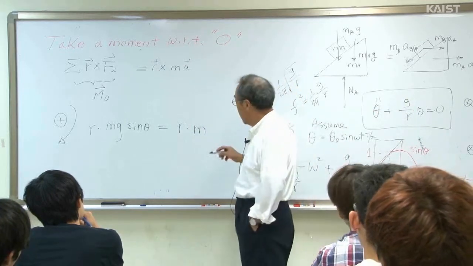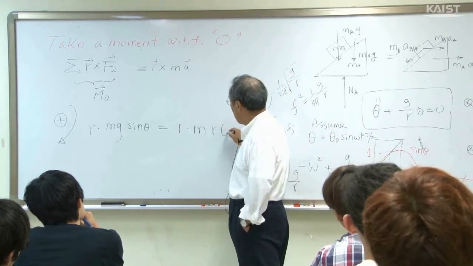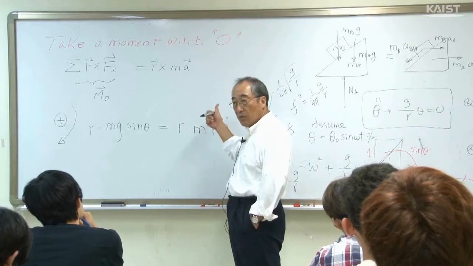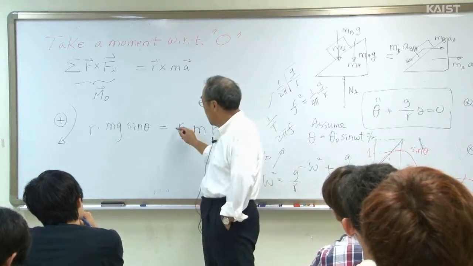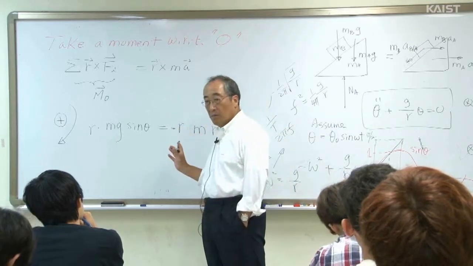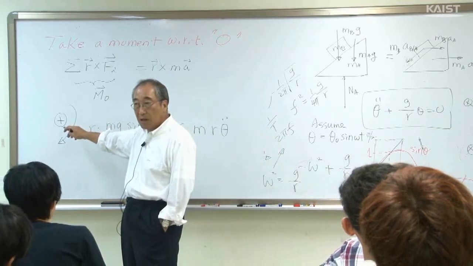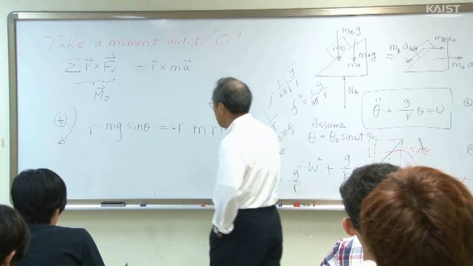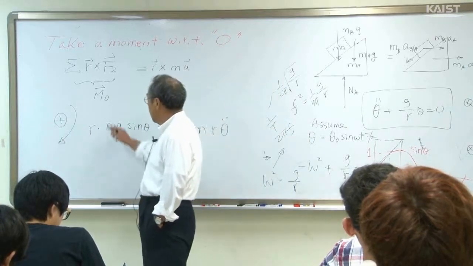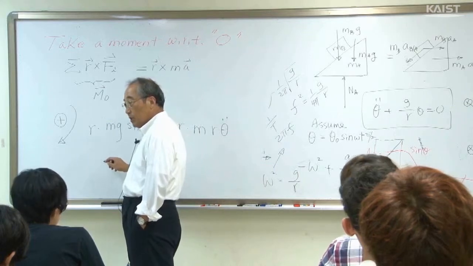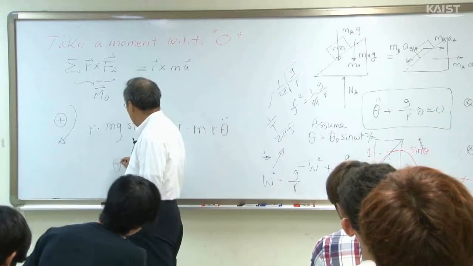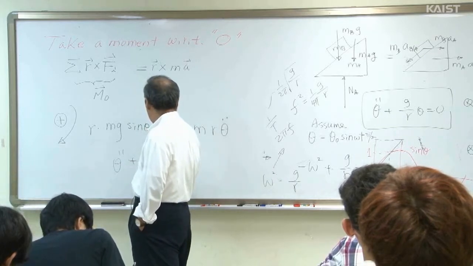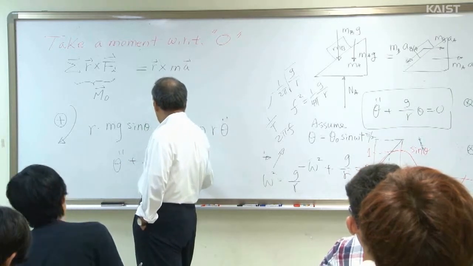That is mr theta double dot, but it has a direction over there that has to be minus, if I use this as a plus. So what do you get? I got the same result, right? Theta double dot plus g over r theta equals 0.